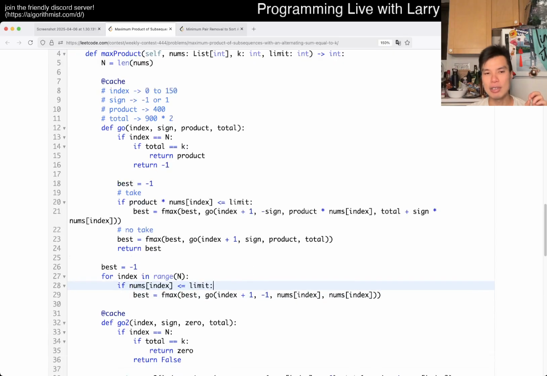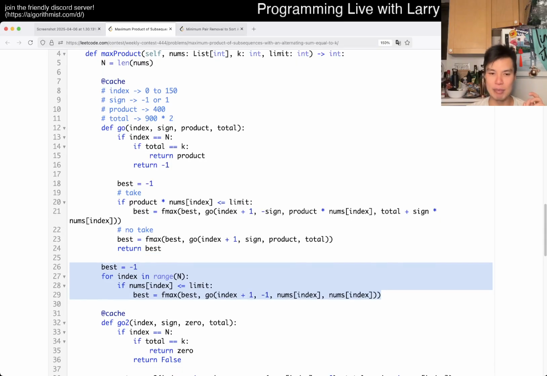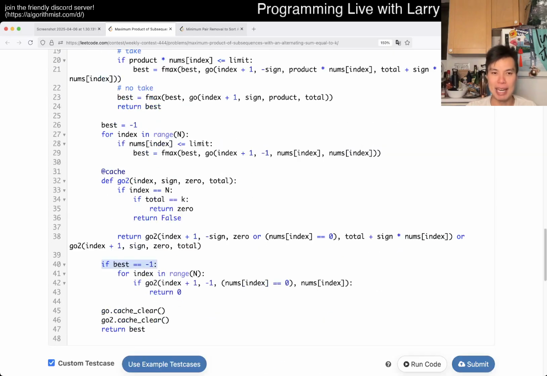So if this is possible for any number, best is going to be non-negative 1, or maybe it could even be 0, it doesn't matter. But I did the thing of, okay, if the answer is 0, then you don't have to do any more work because that's your best answer anyway. But if the best is impossible, then maybe I skip the case here.